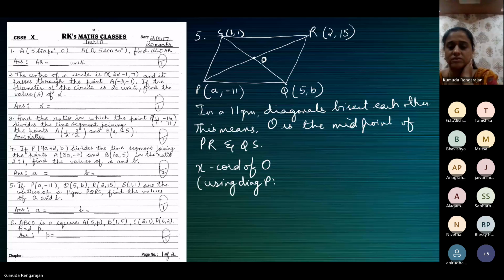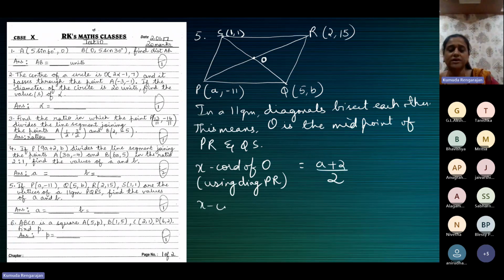How do you find the x coordinate of O using the diagonal PR? O is the midpoint of PR. So by the midpoint formula, x1 plus x2 by 2. So that means a plus 2 by 2.